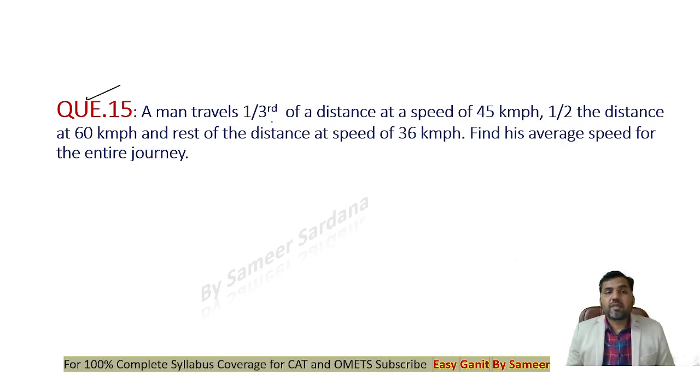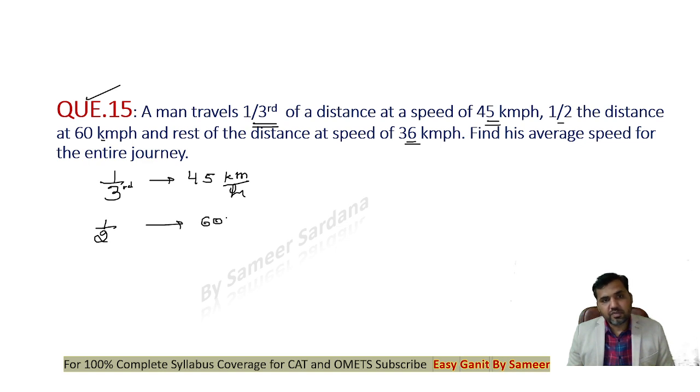Question number 15. A man travels 1/3 of the distance at a speed of 45, half the distance at 60, and the rest of the distance at a speed of 36. Find the average speed. So guys, 1/3 of the total distance at a speed of 45 km per hour, 1/2, half of the distance at a speed of 60 km per hour, right?